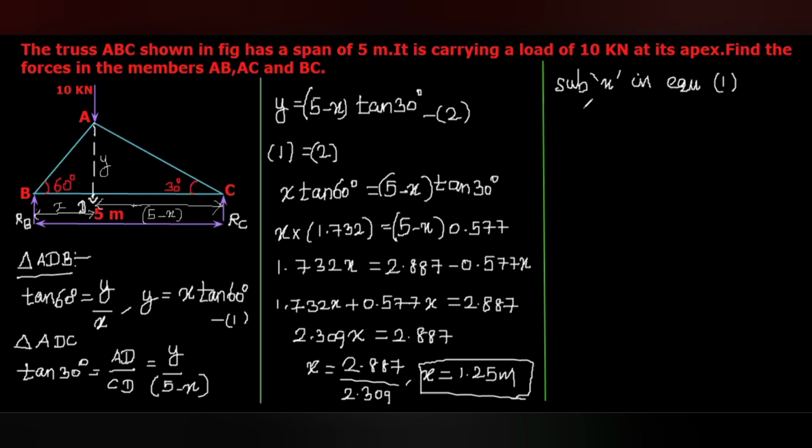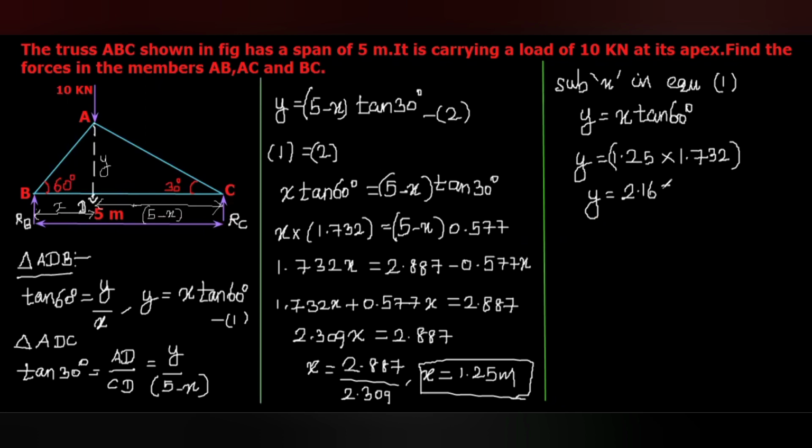So we will get y equal x tan 60 degree. So y equal the value of x, that is 1.25, multiplied with tan 60 degree, that is 1.732. We will get y equal 2.165 meters.